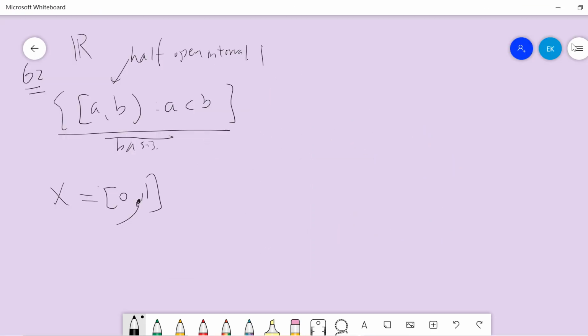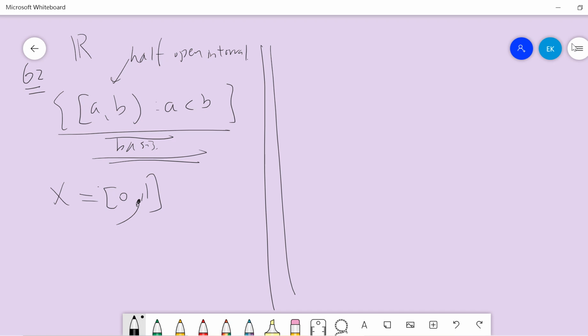Maybe you already forgot what we mean by basis. To define a topology, we need to say which sets are open. This half open interval means that any union of half open intervals is an open set.